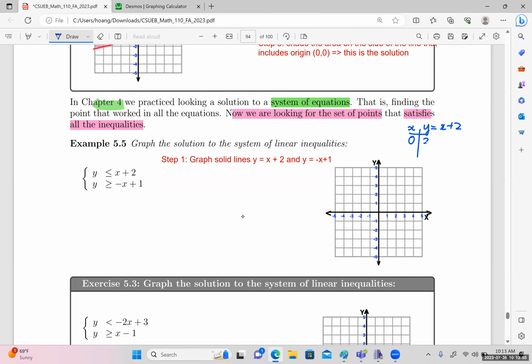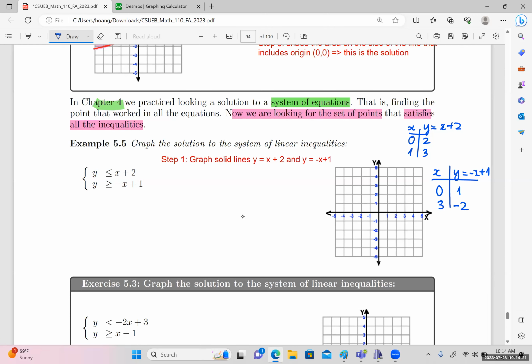So this is 2, this is going to be 1, and then 3 maybe, and the other one will be y equal to minus x plus 1. So I have 0 and 1, and then the second point I'm going to choose another one, let's say 3 and then negative 2.